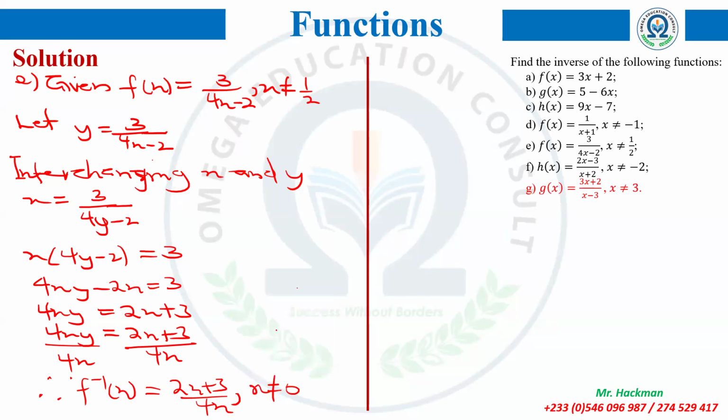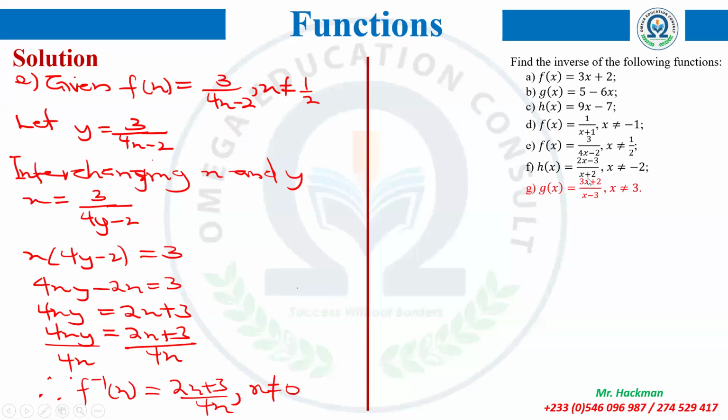So x not equal to 0. At this point, I'd wanted to end at E, but let's look at a situation that is different from the first two, D and E. With D and E, you had a variable only in the denominator, but with this one, you have a variable in the numerator and the denominator.